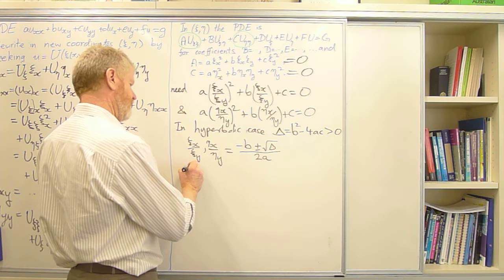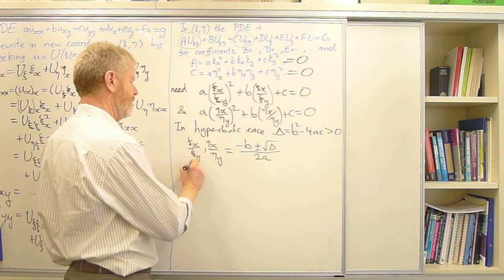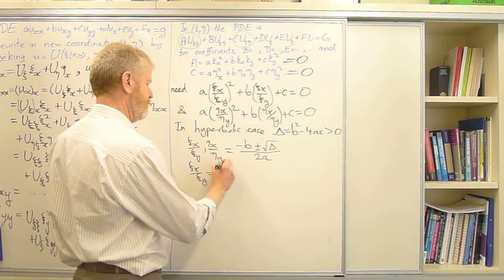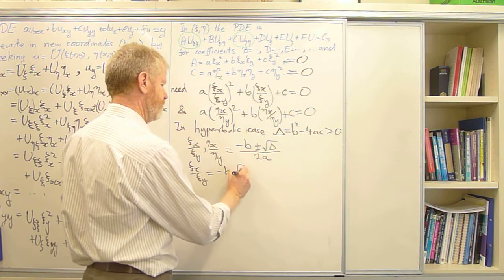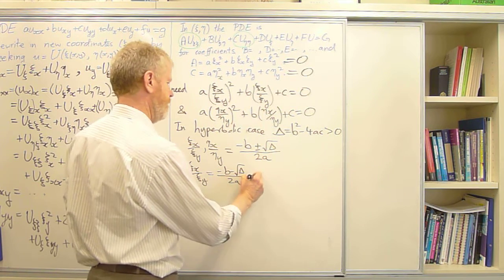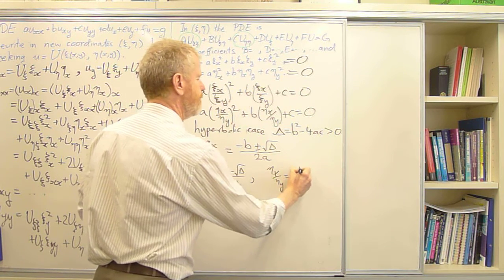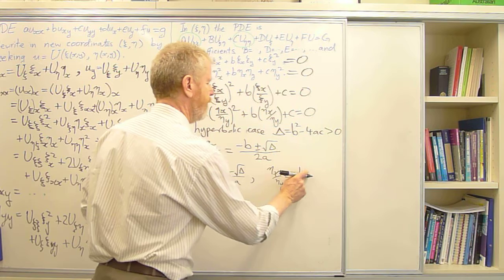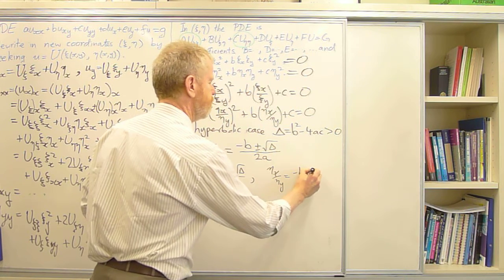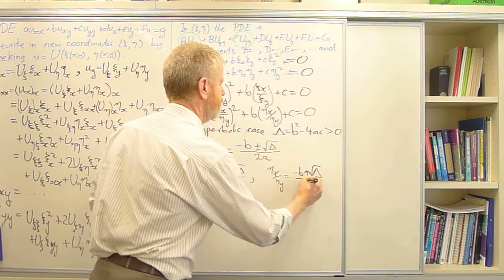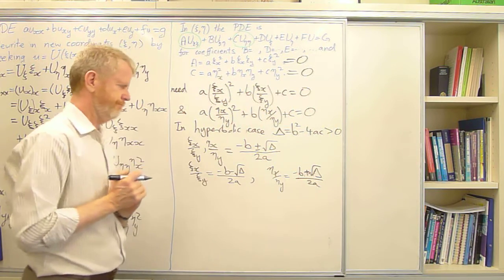Right, so we choose xi x over xi y is equal to minus b minus the square root of delta over 2a, and eta x over eta y to be the other one, minus b plus the square root of delta over 2a.